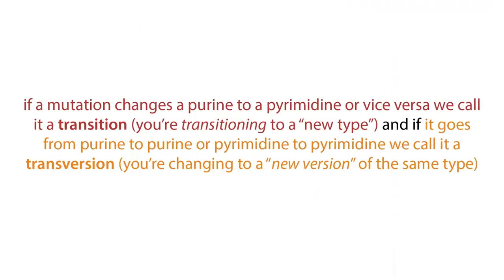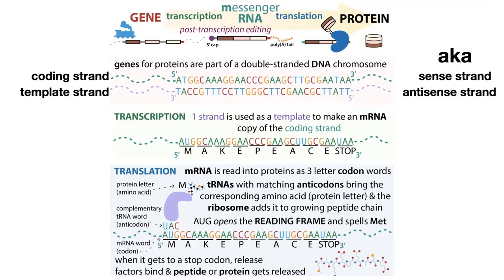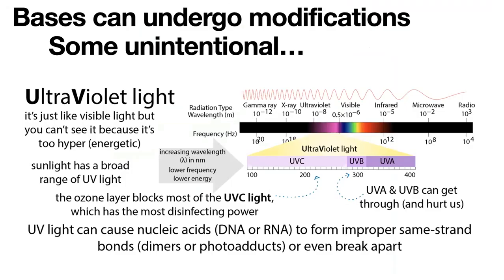If we talk about the mutations, if it changes a purine to a pyrimidine or vice versa, we call it a transversion because you're going from a purine to a pyrimidine. If it goes from a purine to a purine or from a pyrimidine to a pyrimidine, we call it a transition because you're changing to a sort of new version of the same type. And this can occur through things like UV, through things like methylating agents, and through things just by random spontaneous events.